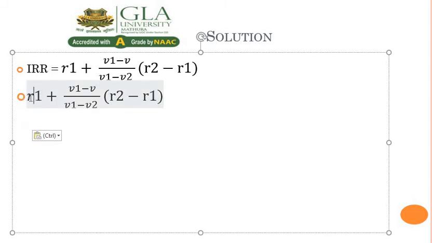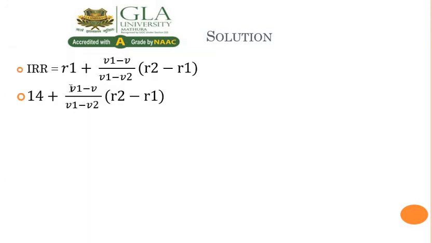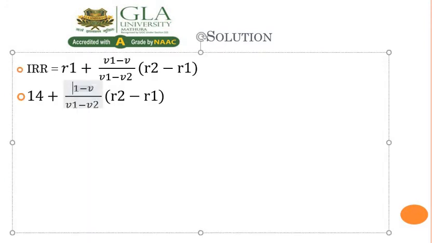V1 is 60,625, calculated at the lower rate. V is our initial investment, which is 60,000.